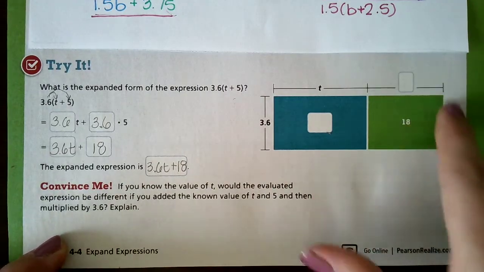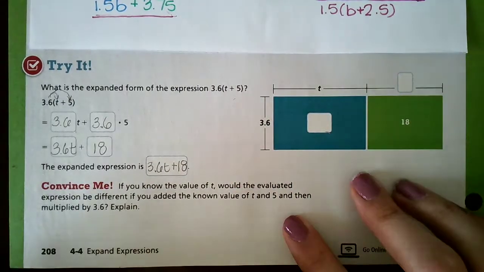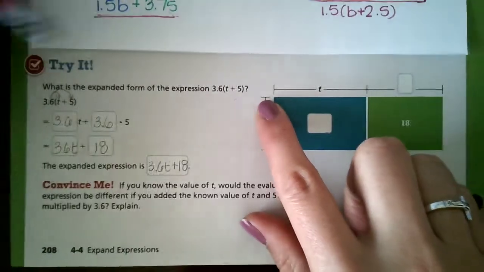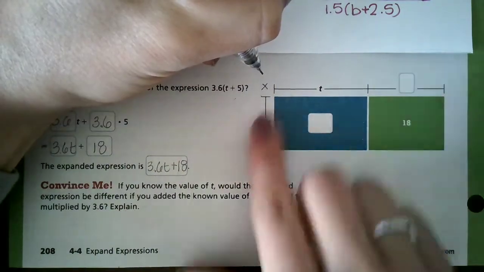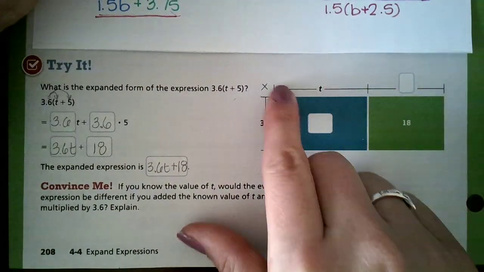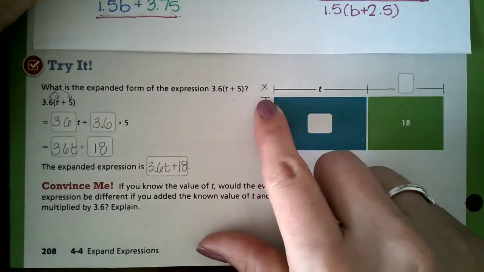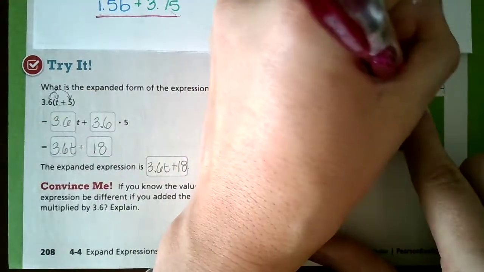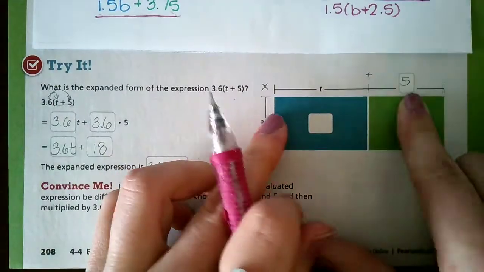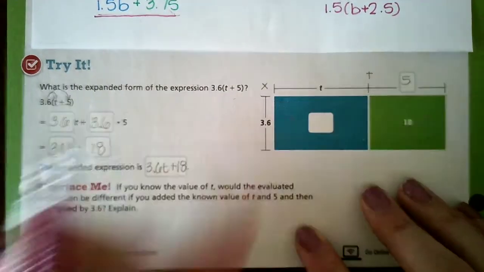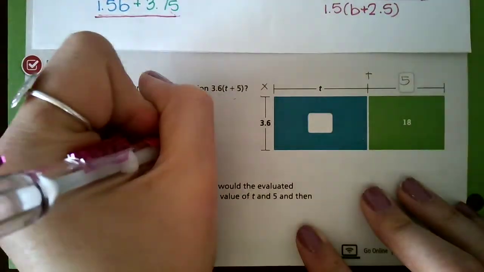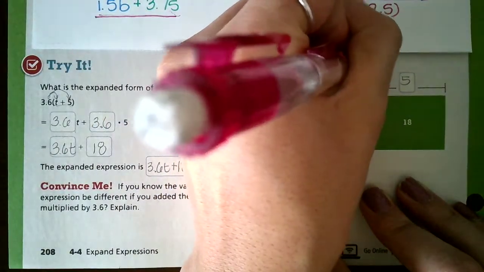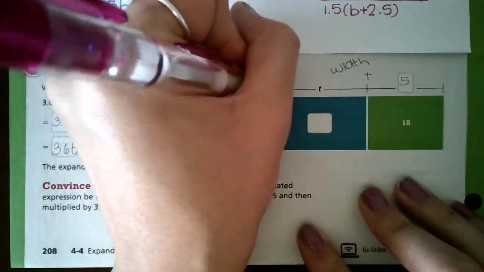So if we look at this diagram now, we have 3.6 being multiplied. Remember, if we want to know the area, we want to take the length times the width. So we're taking 3.6 times t, and this must be the 5 then, because this entire length is going to be t plus 5. And we're just multiplying these two together.